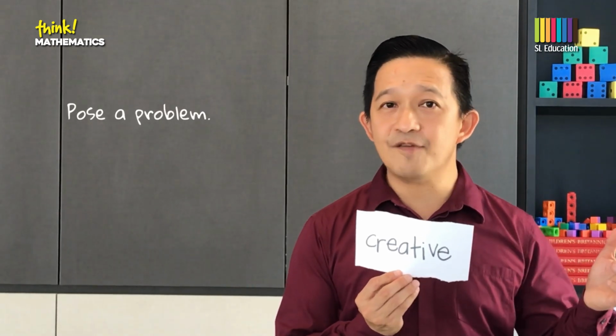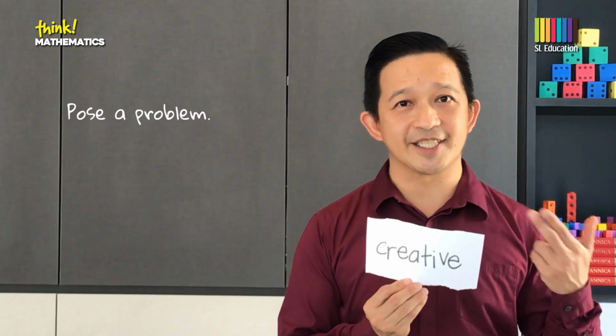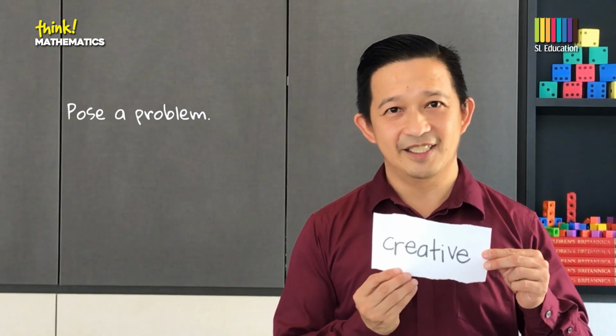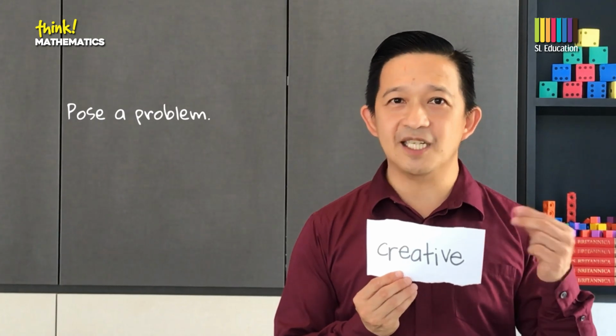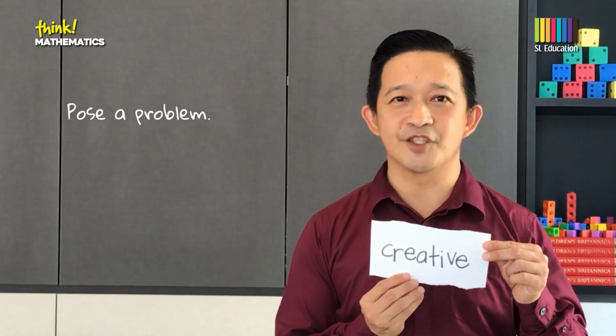Another kind of journal that we can ask students to write is what we call creative journals. In creative journals, there is some element of creation on the part of the students. For example, posing a problem might be an example of a creative journal.